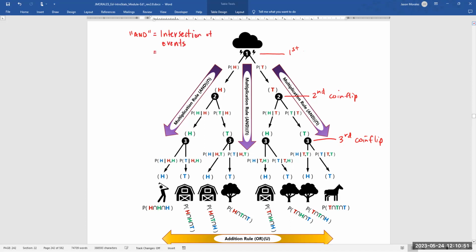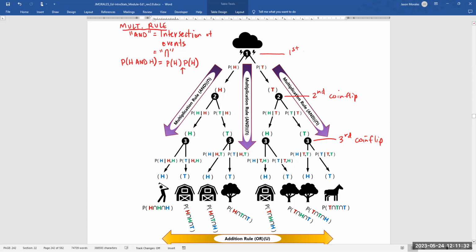The mathematical symbol for intersection looks like an upside down capital U. So if you wanted to calculate the probability of getting heads the first time and getting heads a second time, that's equal to the probability of heads times the probability of heads again. There's multiplication here between the two probabilities, and that's why this is called the multiplication rule.